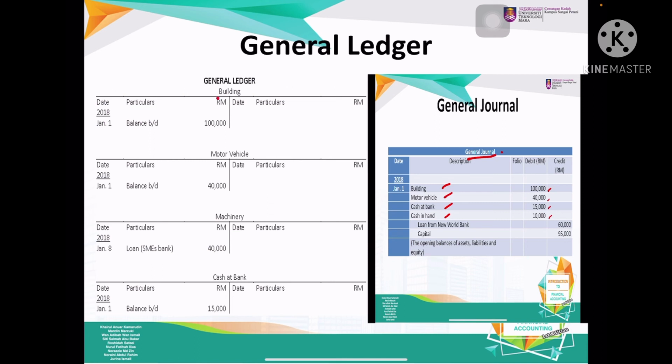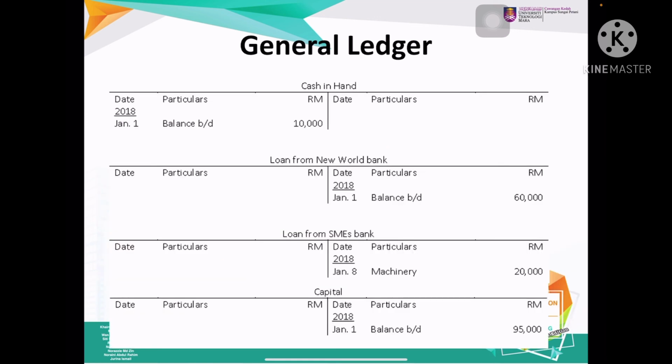Here, building 100,000, motor vehicle 40,000, machine 40,000, cash at bank 15,000, and cash in hand 10,000. Then we credit our liabilities 60,000, our loan from SME Bank 20,000, and then we credit our capital 95,000.